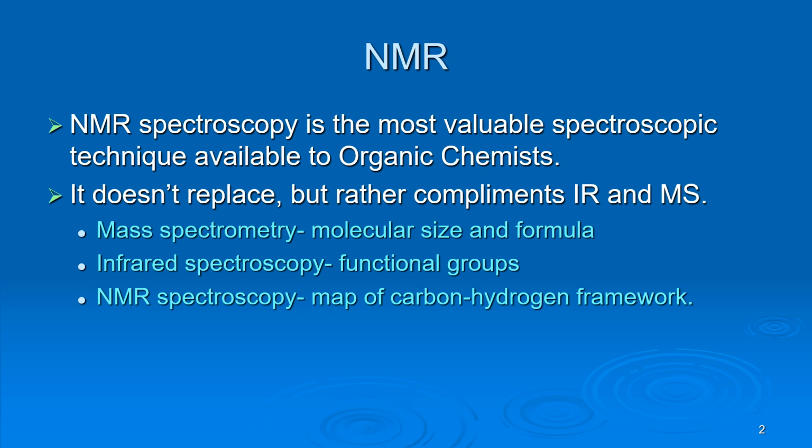Just one little note. Notice that it's mass spectrometry, but it's infrared and NMR spectroscopy. The difference is the spectroscopy is where you're actually measuring light. Obviously infrared uses infrared light. NMR, as we'll see, kind of uses magnetic radiation.